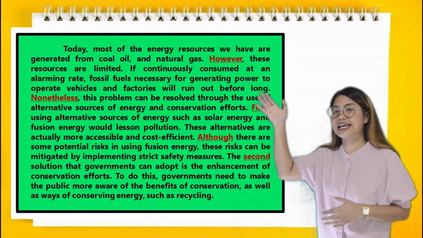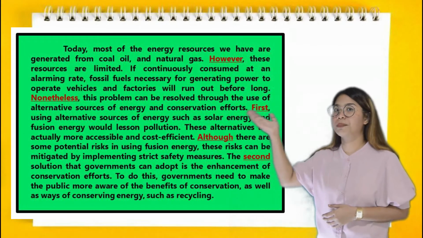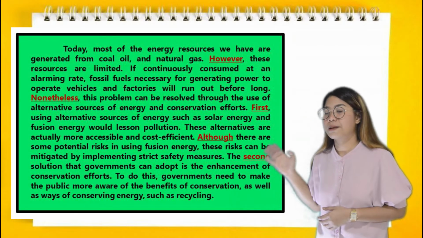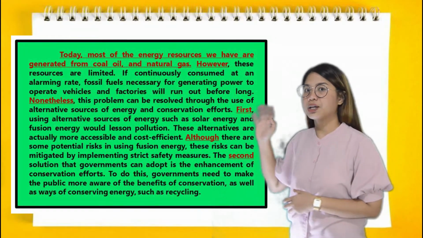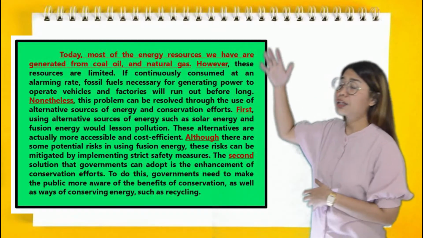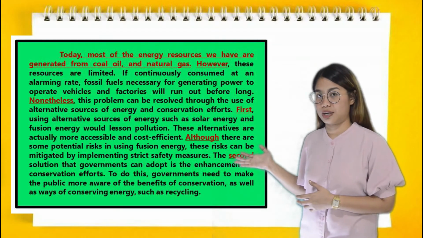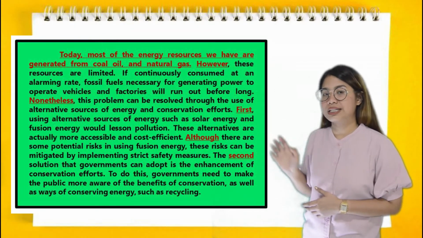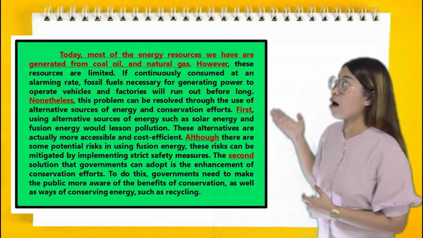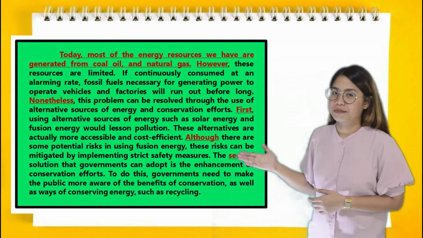So here is an example of a problem solution paragraph. In this paragraph, the underlined words, again, the underlined are the signal words. And then, we can see, basically, the topic sentence is at the beginning of the paragraph.